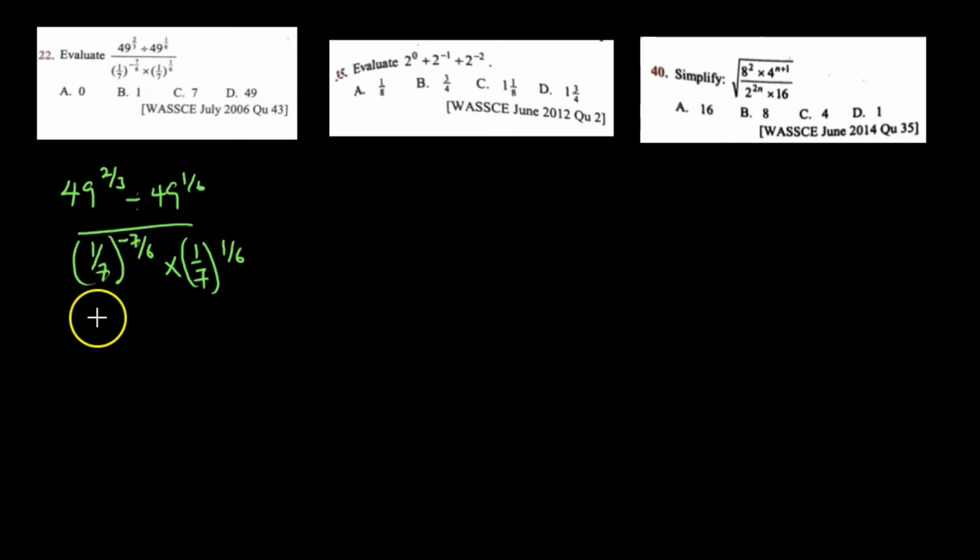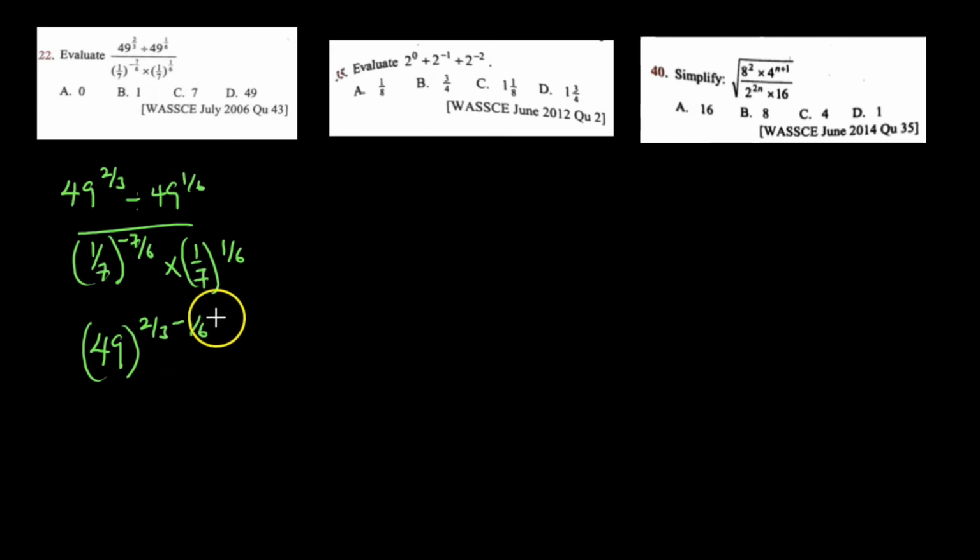So writing the question, we have 49 to the power 2/3 divided by 49 to the power 1/6, all divided by 1 on 7 to the power negative 7 on 6, multiplying 1 on 7 in bracket to the power 1 on 6. Dealing with the numerator, we have a common base, which is 49, all to the power 2 on 3 minus 1 on 6.